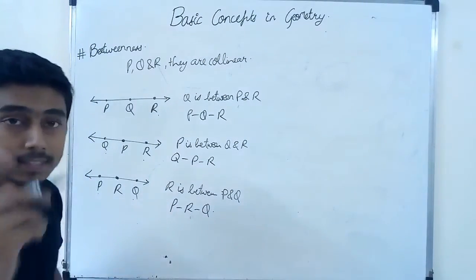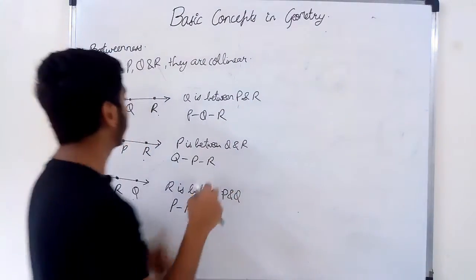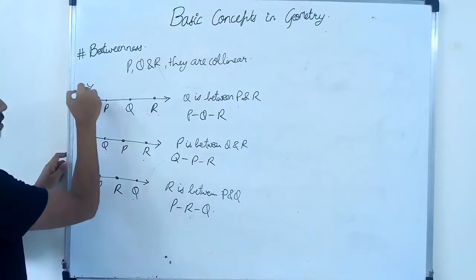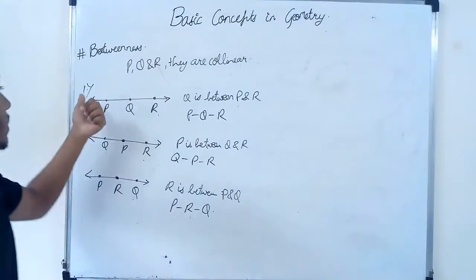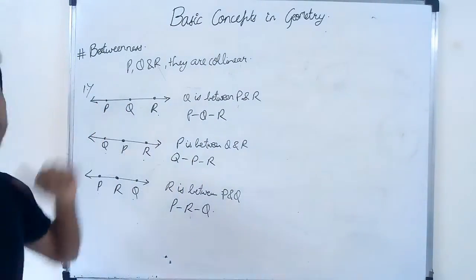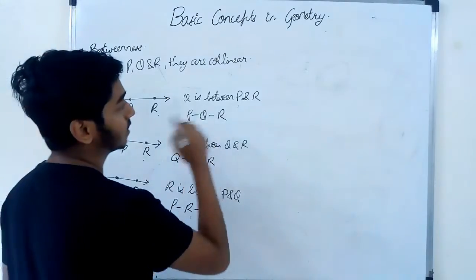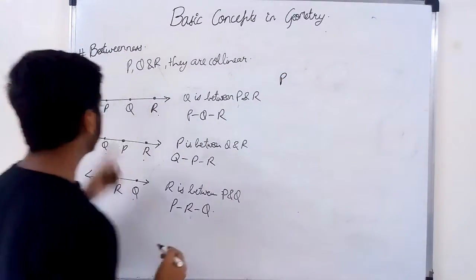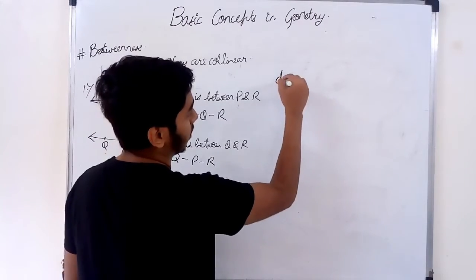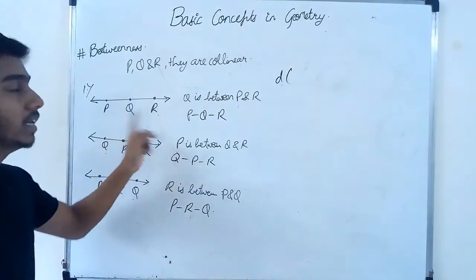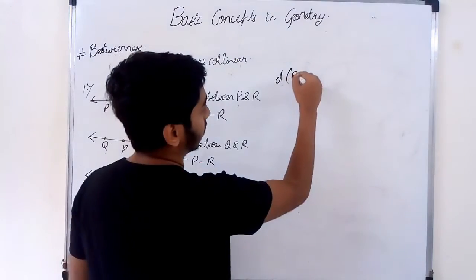Let's see one more thing. Let's consider this first one, which says P, Q, R, Q is in between P and R. Now, if this is happening, can you find distance PR from this?